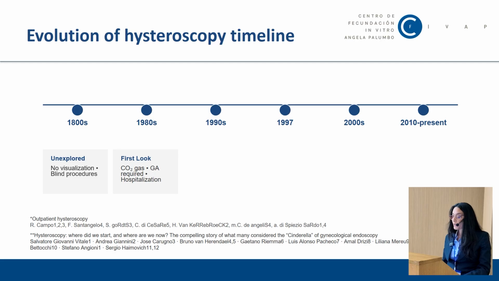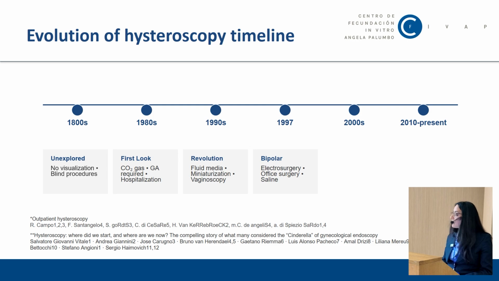Progressively, smaller instruments were introduced, allowing the use of local anesthesia or mild IV sedation. Distending media evolved from CO2 gas, which allowed only diagnostic procedures, to fluid. Another milestone was the introduction of saline solution and bipolar electrocautery that significantly improved the safety.